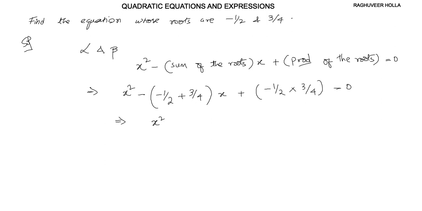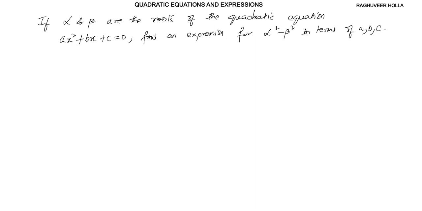This can be further written as x squared minus 1 by 4 x minus 3 by 8 is equal to 0. So this implies 8x squared minus 2x minus 3 is equal to 0. So this is the quadratic equation given the roots as minus half and 3 by 4.